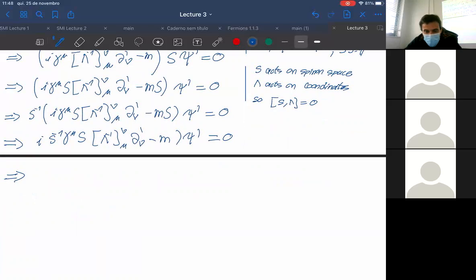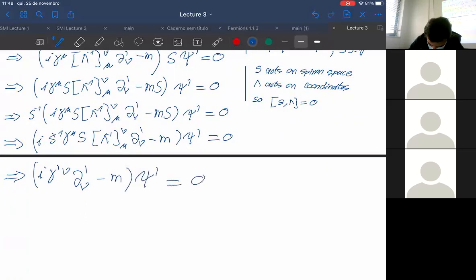And let's say that this is equal to, and now there is one bracket that should be added here, right? Now let's just say that this is equal to i gamma prime nu d nu prime minus m, all of this psi prime equal to 0. We are here forcing covariance.